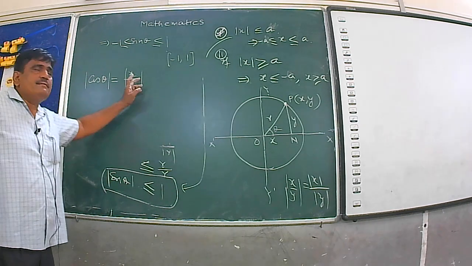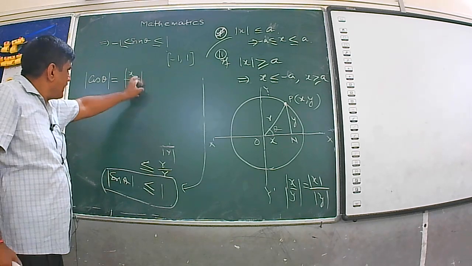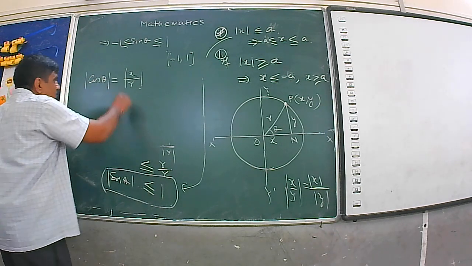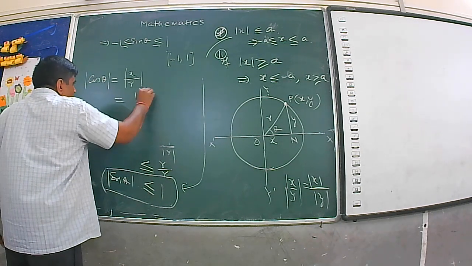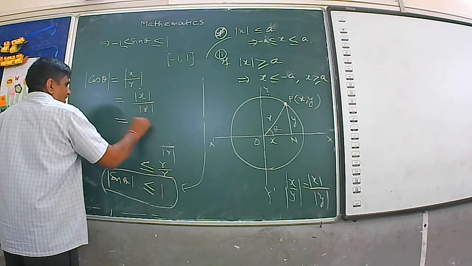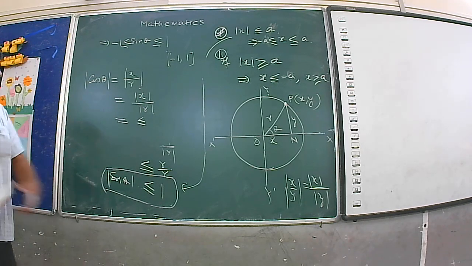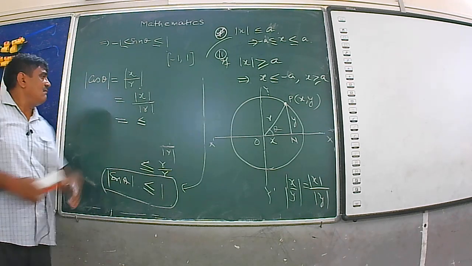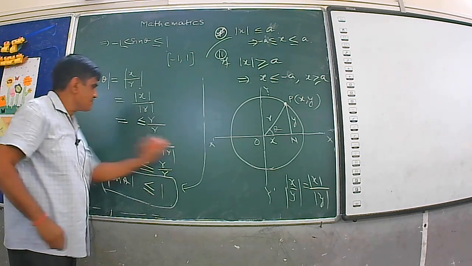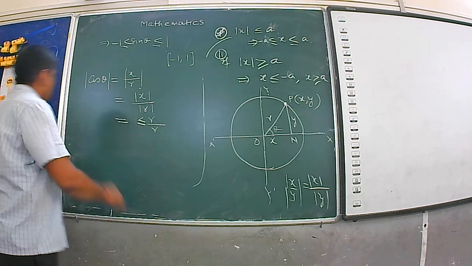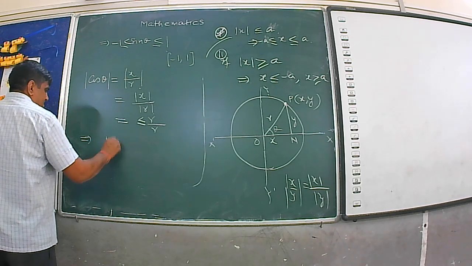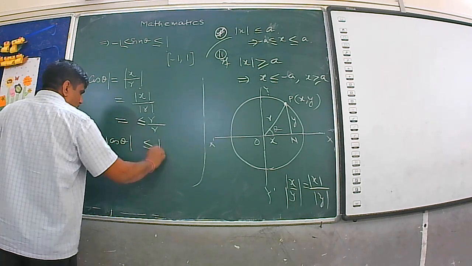We defined the magnitude of x by y is equal to magnitude of x by magnitude of y. Magnitude of x is less than or equal to r. This implies that magnitude of cos theta is less than or equal to 1.